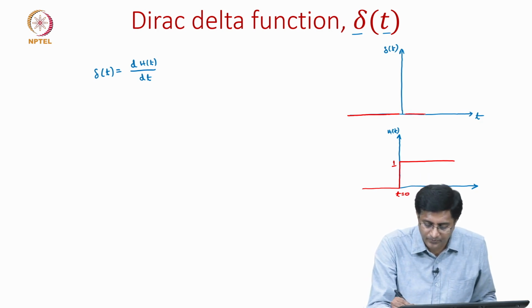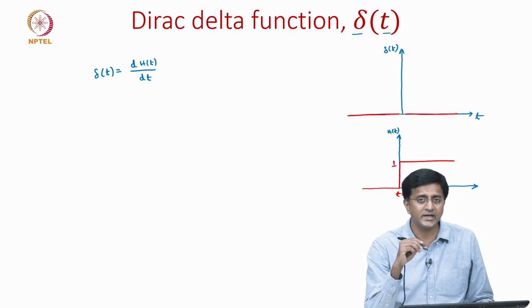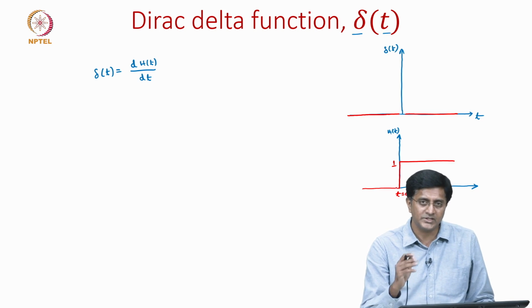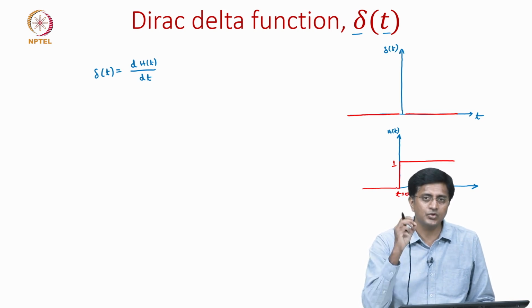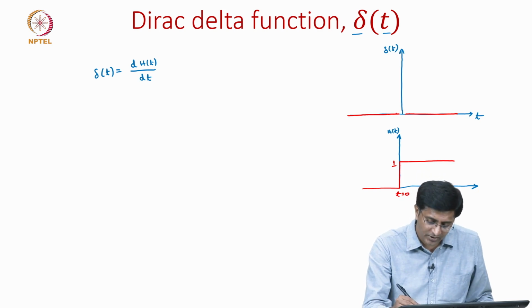But now the point to be asked is what happens at time t equal to 0. At time t equal to 0, we have seen the Heaviside function value instantaneously moves from 0 to 1. So, the way it is represented in the Dirac delta function is by a spike.